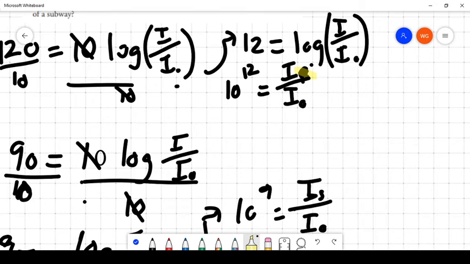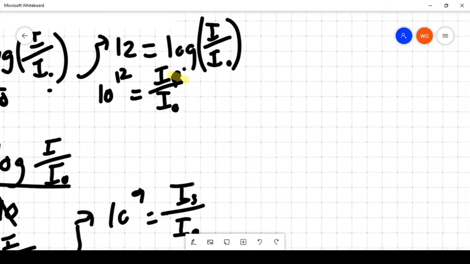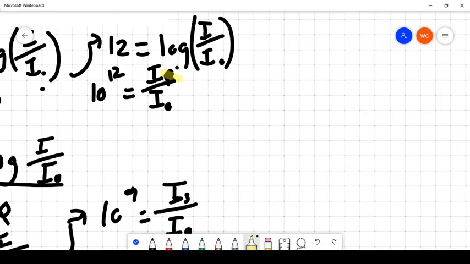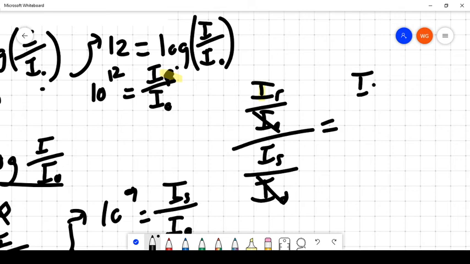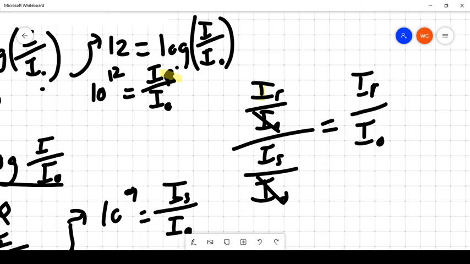We can compare the two simply by taking the relative ratios between them. I can take I_R over I0 and divide it by I_S over I0. The I0s cancel out, and what I'm left with is 10 to the power of 12 divided by 10 to the power of 9.